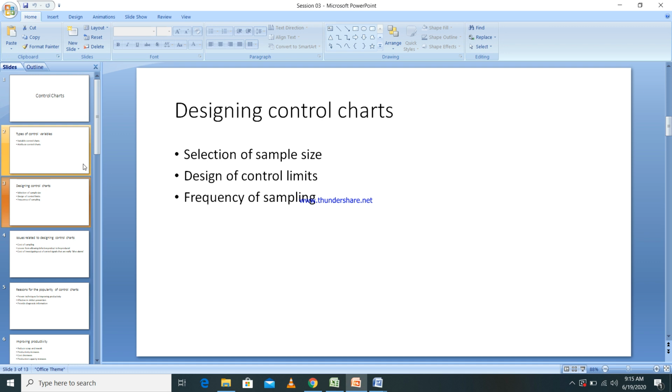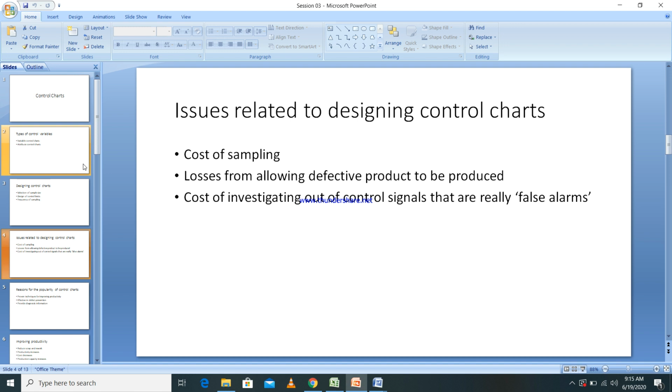If the sample size is 25, how often are you going to take samples from your lot? Is it daily, or monthly, or 1 time per day, 2 times per day? Likewise, you have to decide the frequency. So you have to decide the sample size, the control limits and the frequency of sampling when you are constructing the control charts, right?